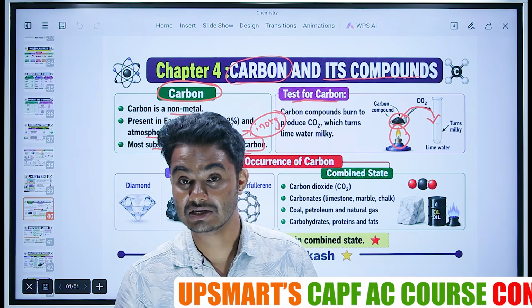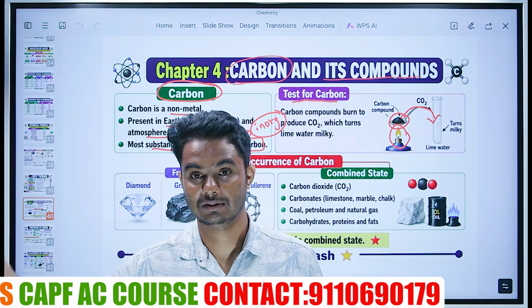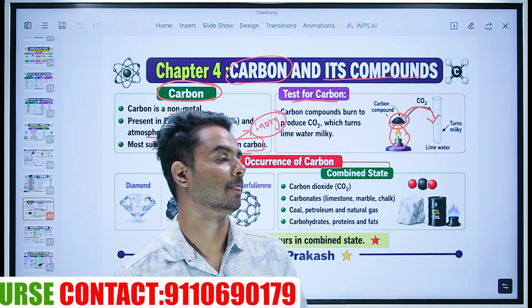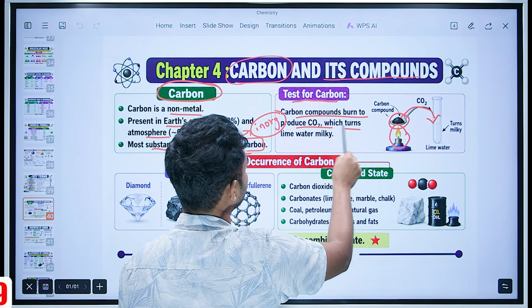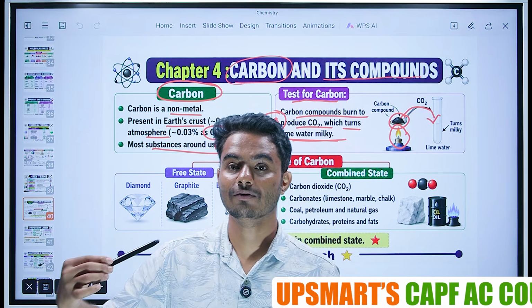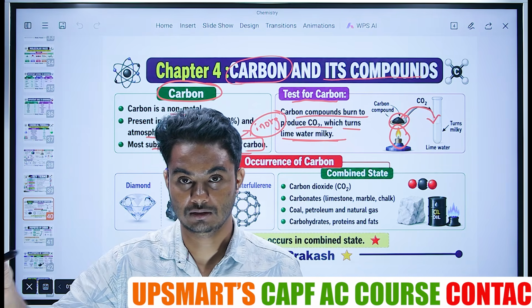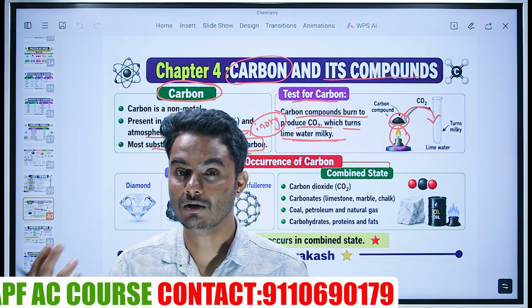If it doesn't change the color, then that proves that it doesn't have carbon. That is an inorganic compound. Now see, carbon compounds burn to produce CO2, which turns lime water milky. This is a test to check whether a compound is organic, that is it has carbon, or inorganic, that is it doesn't have carbon in it.